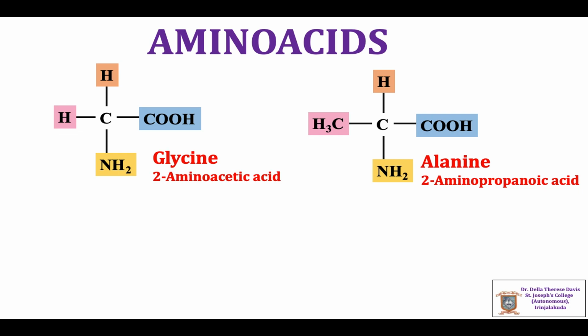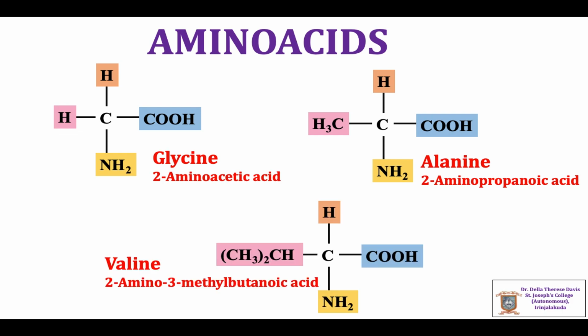Next is alanine, in which the R group is CH3. Alanine is 2-amino propanoic acid. Another amino acid is valine. It is 2-amino 3-methyl butanoic acid. The R group is (CH3)2CH.